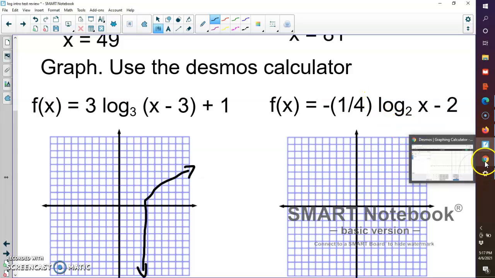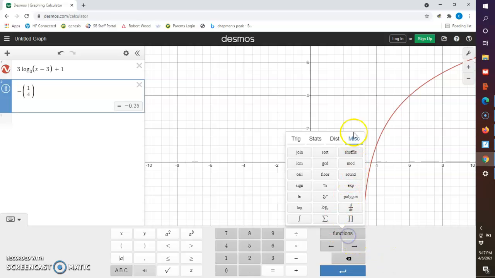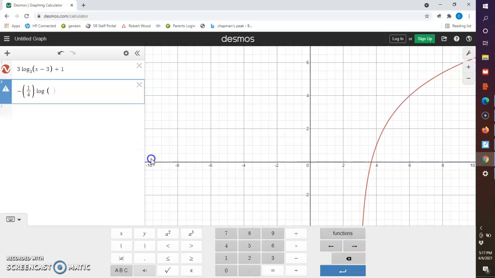Log base 2 of x minus 2. So now I want to go to my functions, miscellaneous, log base 2 of x, and since x is in parentheses here, there's no minus 2 in the parentheses. That's important. Okay, my asymptote is at x equals 0.